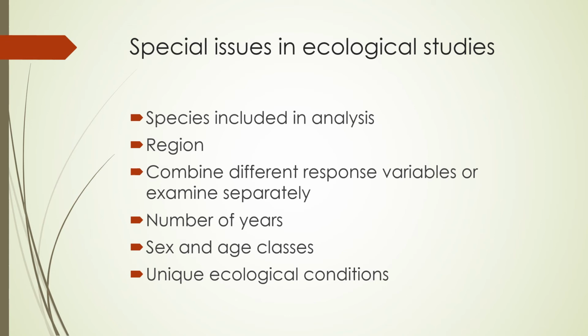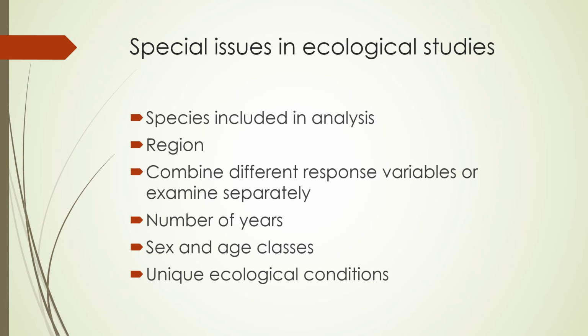Did they find a positive or a negative response? You could use all different kinds of variables in that case. Or do we want to just limit it to measures of abundance or measures of survival? Or do we want to partition our analysis using only the same response variable? So, lots of different ways of handling that situation.